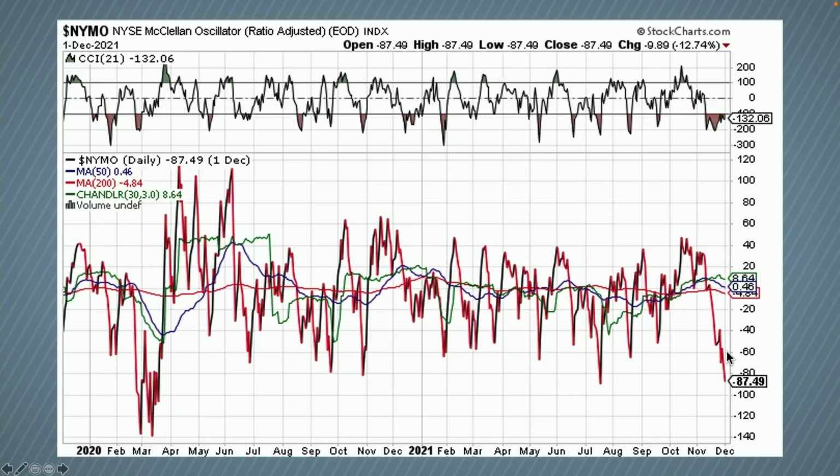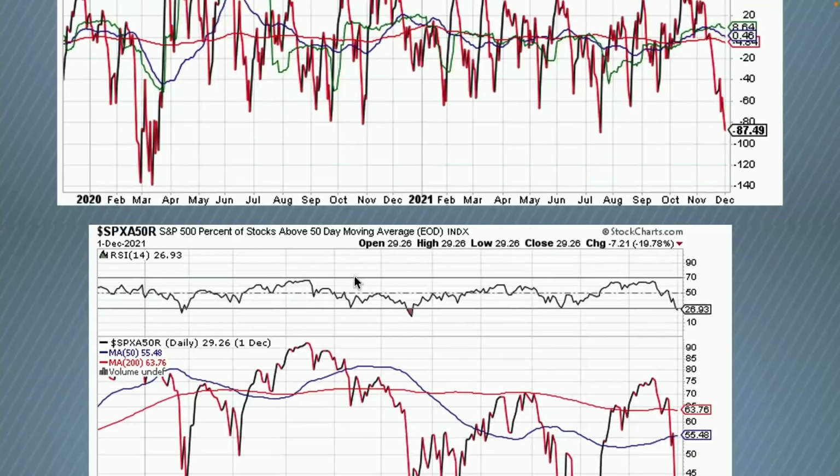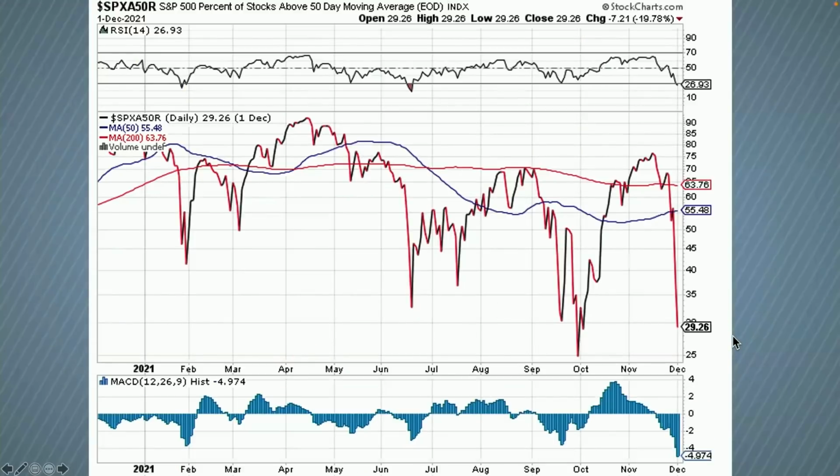Now, if you look back in March, obviously, if you're in a bear market or in a really corrective phase, 15 to 20%, you're not going to get that immediate bounce. That's why I look at the next chart that you're going to put up to put this in perspective. And here we're looking at the percentage of stocks in the S&P 500 above their 50-day average.